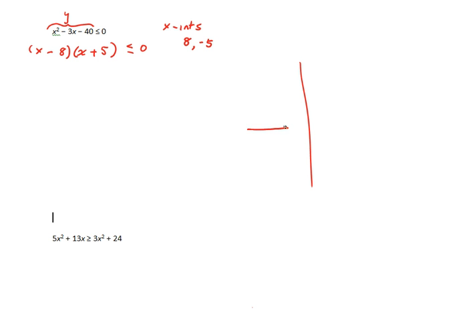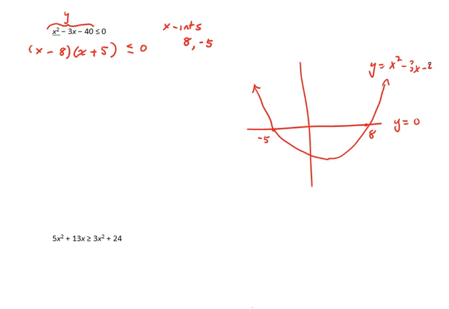You can already probably visualize what our solution is going to be, because here is y equals 0, here is y equals x squared minus 3x minus 40.